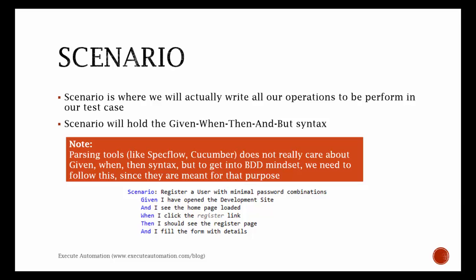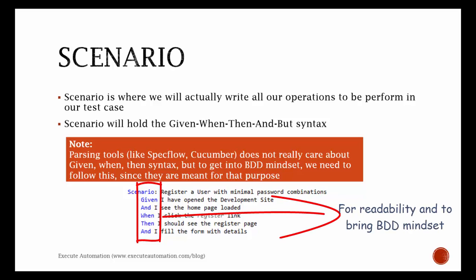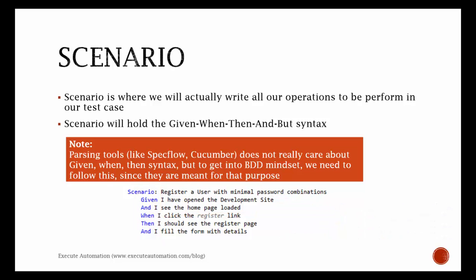What it really cares about is what operation we specify behind the scenes for that particular statement. And given, when, then is for the user's reading purposes, so that they can understand what a particular statement talks about. Right now this seems really confusing, but we'll talk more about that in our upcoming sessions.